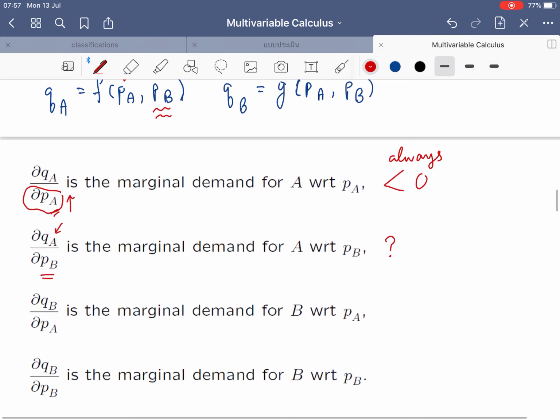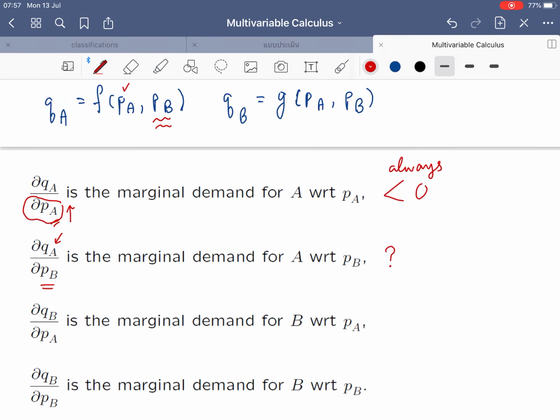On the same token, if you're talking about the demand for the second product, B, and you are finding the rate of change of the demand as your price B goes up, as your product B becomes more expensive, what will happen to the demand for this product?